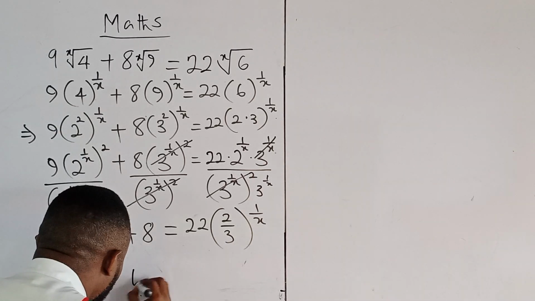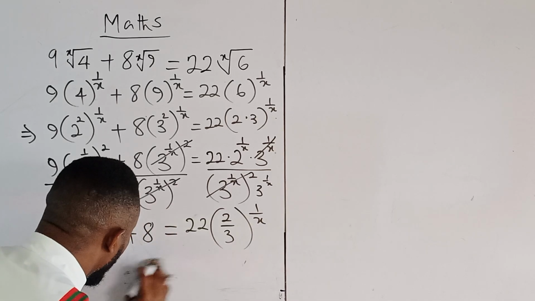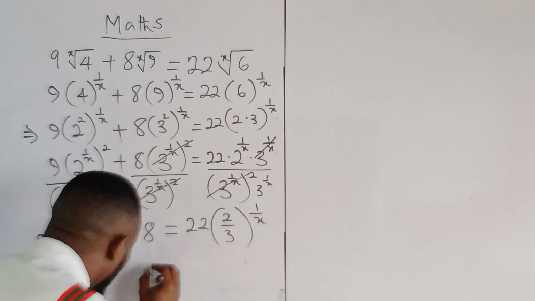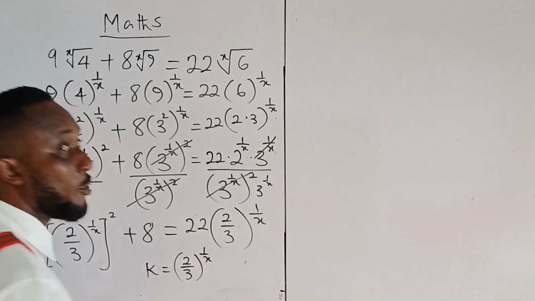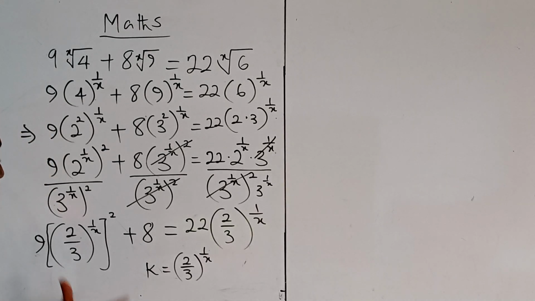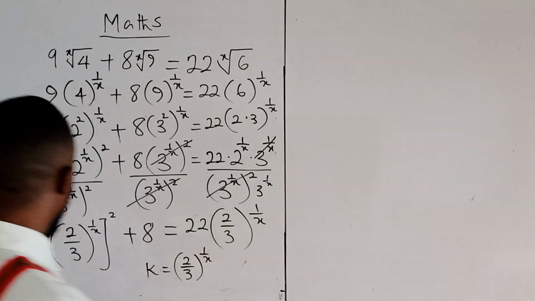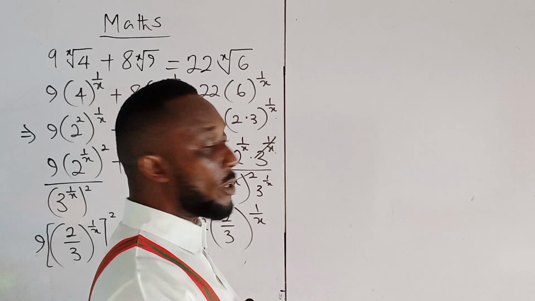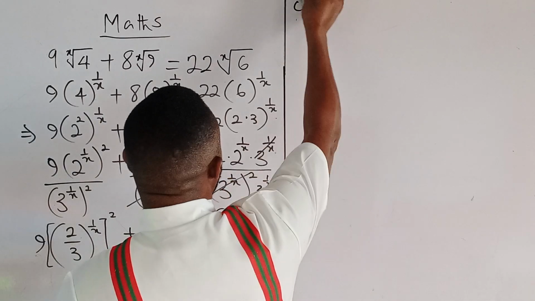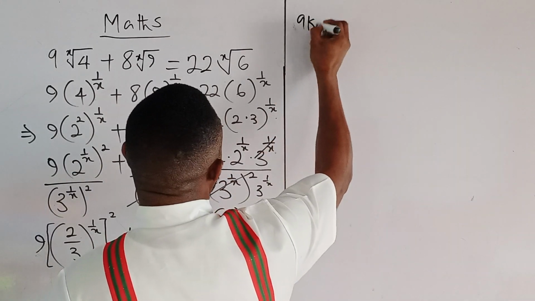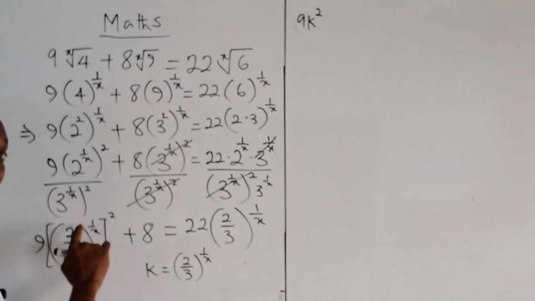I can then say, let k equal to, I'm using an algebraic substitution, k equal to 2 upon 3 to the 1 on x. So if I make this substitution, I can then refine the context of this expression I have here. I'm going to be having 9k squared, because k is 2 upon 3 to the 1 on x.